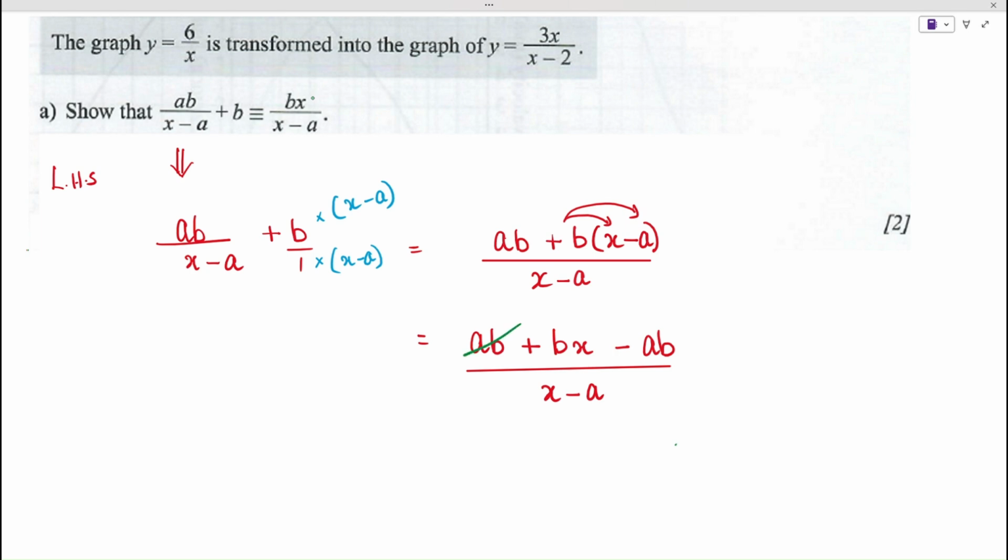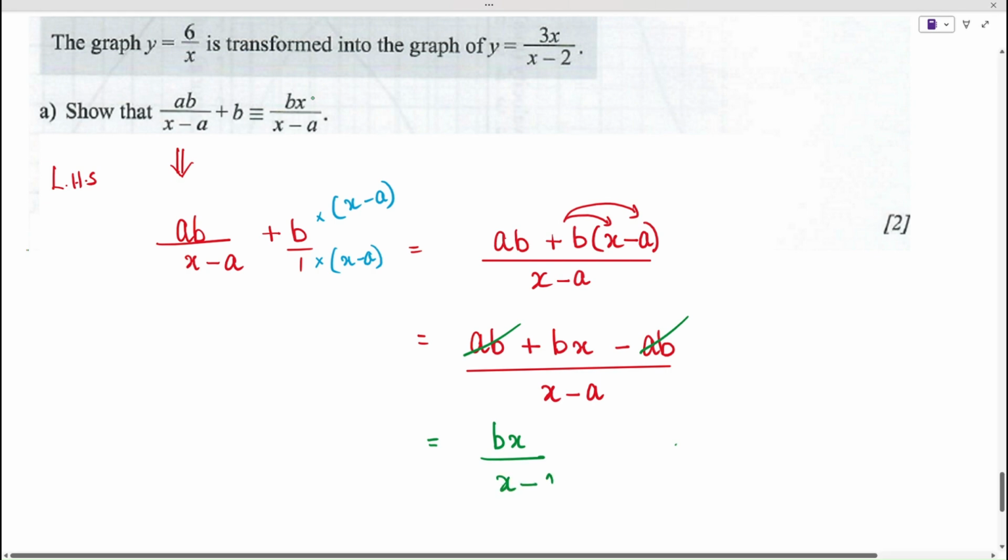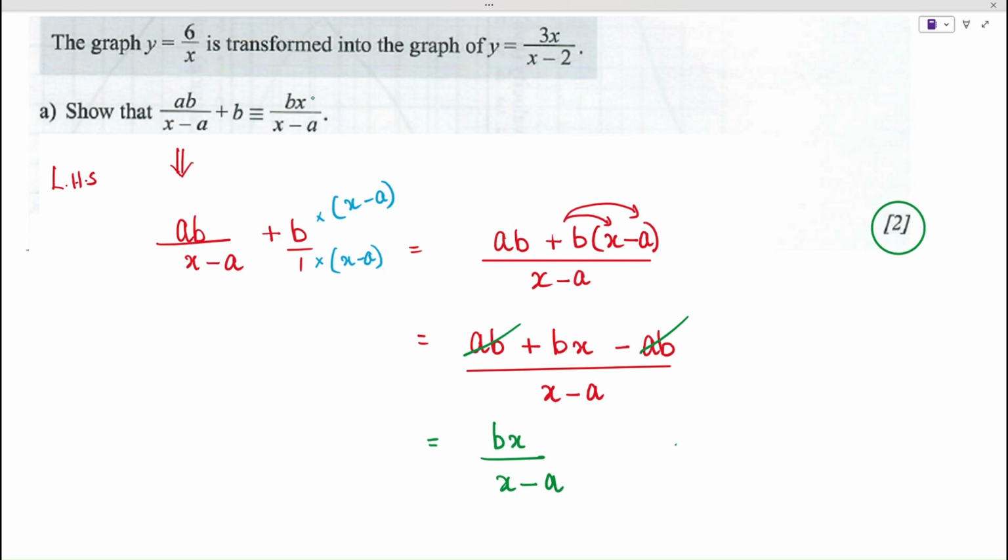The ab's here cancel out, and we're left with bx over x minus a. That's what's been given in the question, and so we know that we have got our 2 marks here.